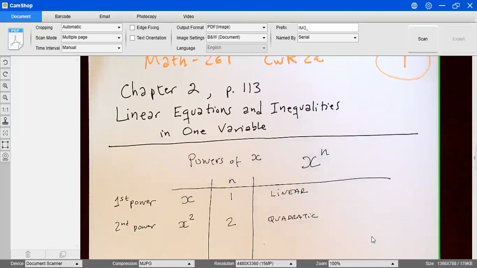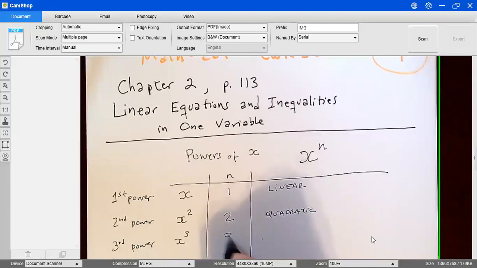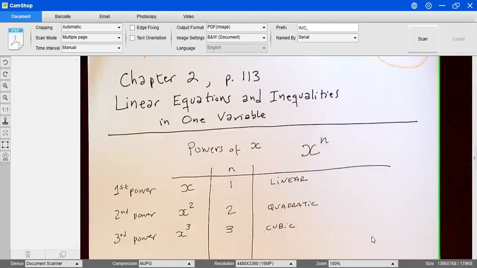It depends on the context, but the important thing is that the word comes from the exponent or the power of the variable. We have also the third power of x, which is just x cubed. The exponent here is 3, and we use the word cubic to refer to this case, and so on.